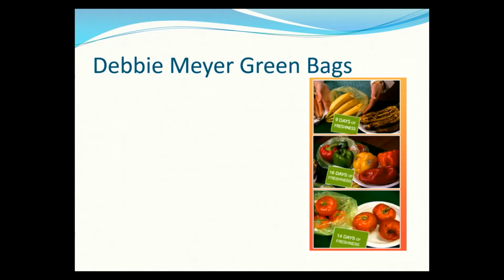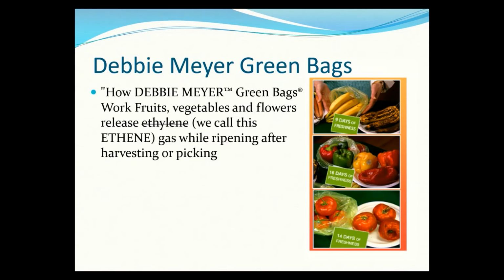So you need to know some examples of everyday organic compounds that are used. I don't know if you've seen these Debbie Meyer green bags. There's lots of other versions of them. But how Debbie Meyer green bags work is fruits, vegetables, and flowers release ethylene. There's different names for things, so ethylene is a common name. We call this ethene.